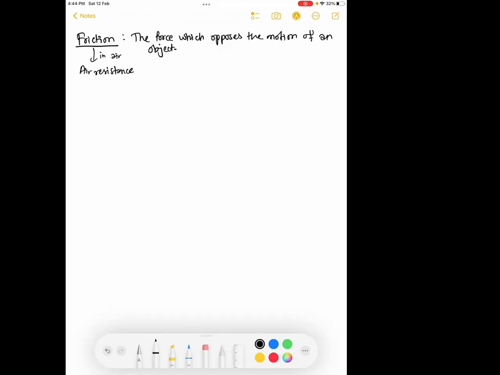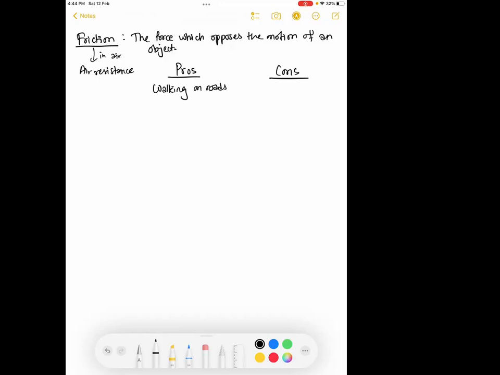Now, what are the advantages of friction and what are the disadvantages? Pros and cons. Due to friction, we're able to walk on roads. Walking on roads got easier due to friction.